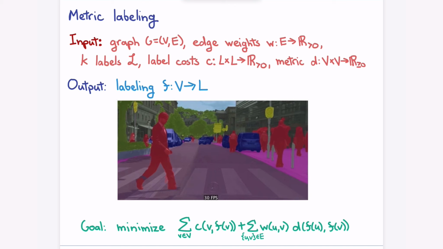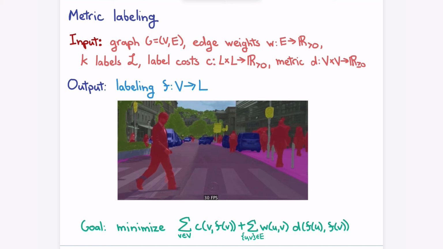I guess they'll have edges between all sorts of different pairs of pixels.